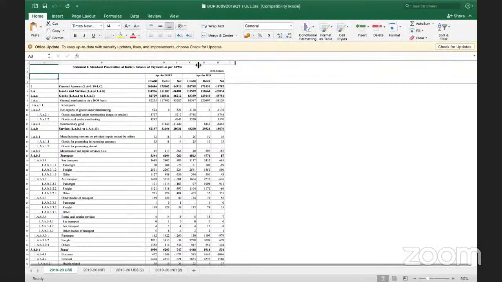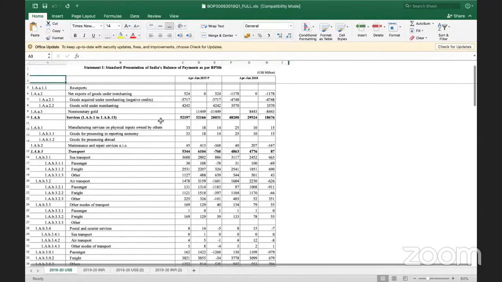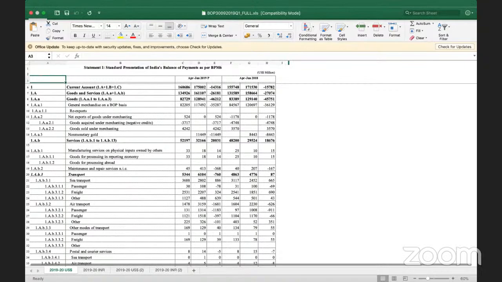This is the actual balance of payment, the real one. This is the current account.